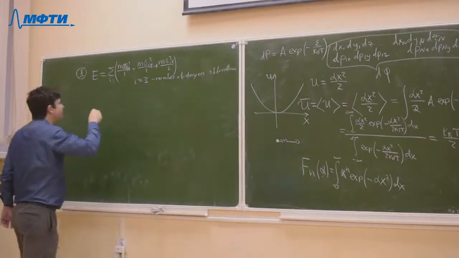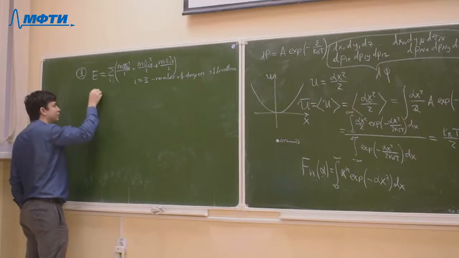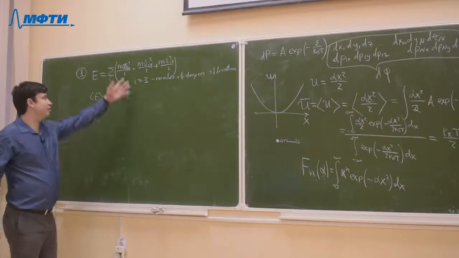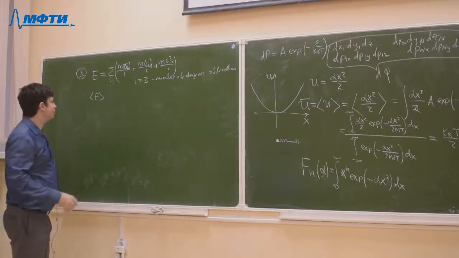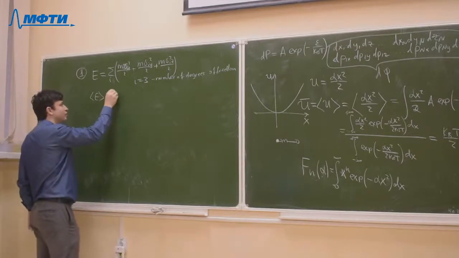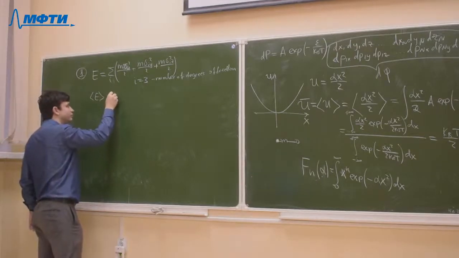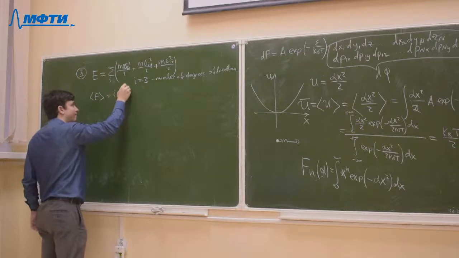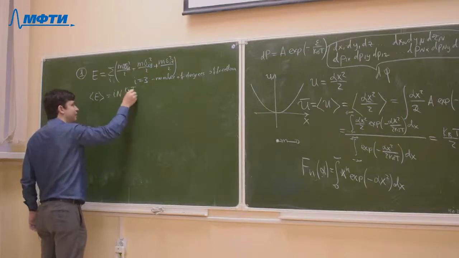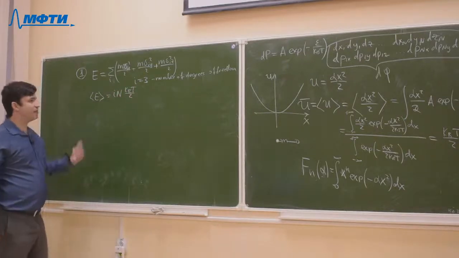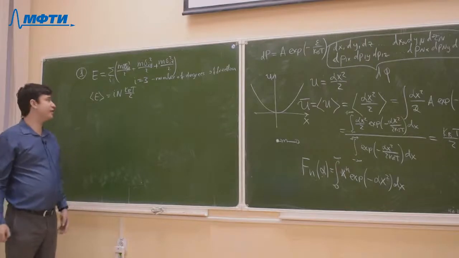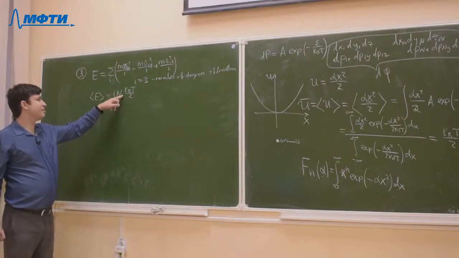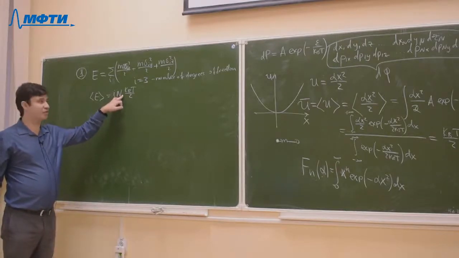Then the average energy, averaged here over the Maxwell distribution, will give me i n kBT over 2. So if I have 1 mole of an ideal gas, then this n becomes equal to the Avogadro number.